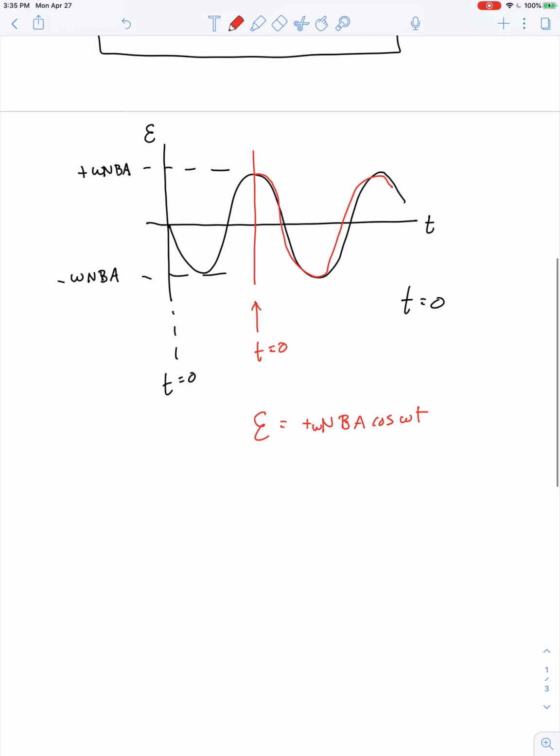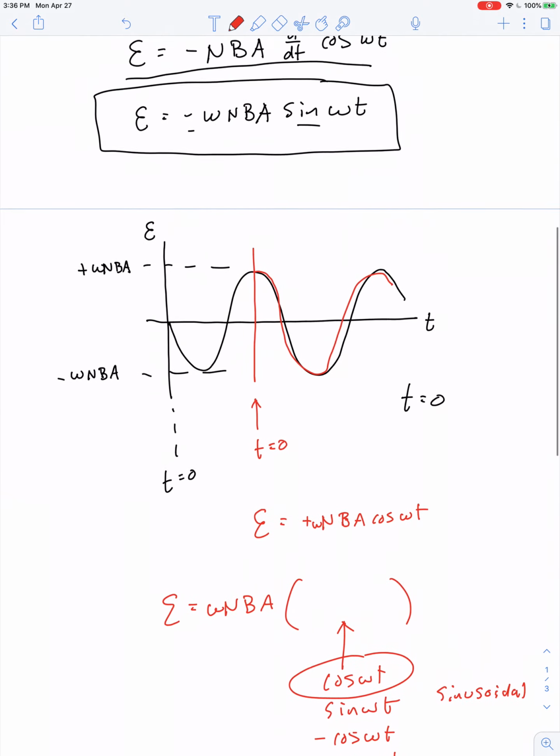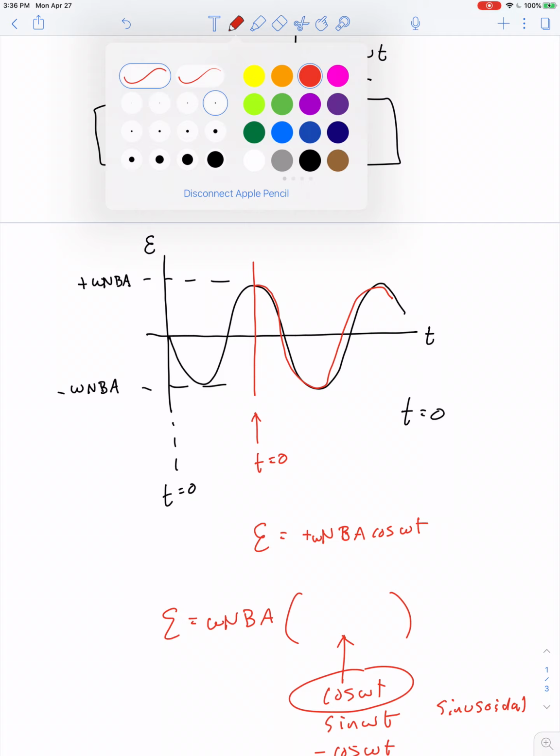So it doesn't really matter whether this is cosine omega t, sine omega t, negative cosine omega t, negative sine omega t. It could be any of those. We just say it's sinusoidal. We might pick one of these expressions as a matter of preference, maybe that one. In fact, there's no guarantee the origin in time has to sit at any special value.